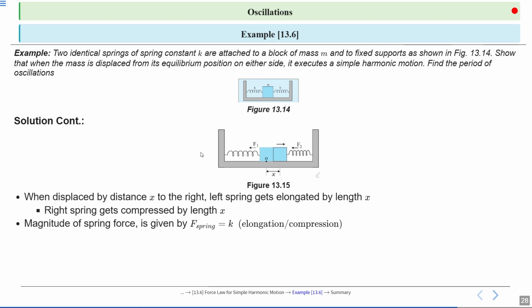The force from a spring is given by F equals K times elongation or compression. Here K is the spring constant measured in newtons per meter, and x is the distance the spring is stretched or compressed, measured in meters. The bigger the value of K, the stiffer the spring, and the greater the force for the same displacement. If the elongation is x, then F spring is equal to kx.